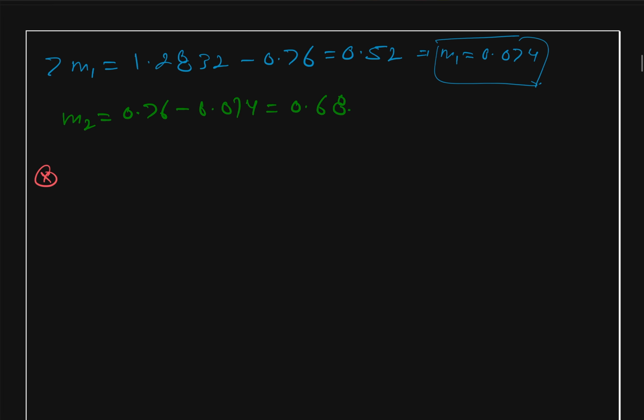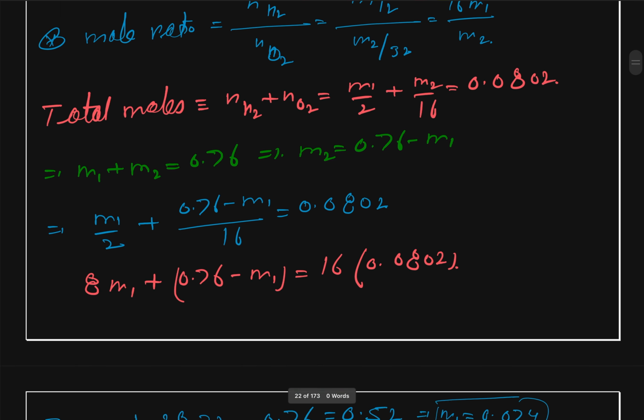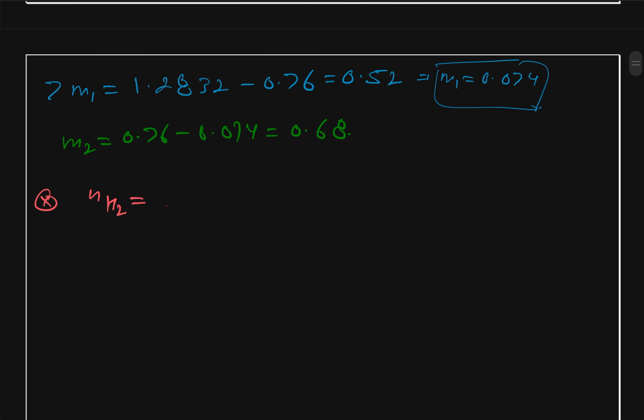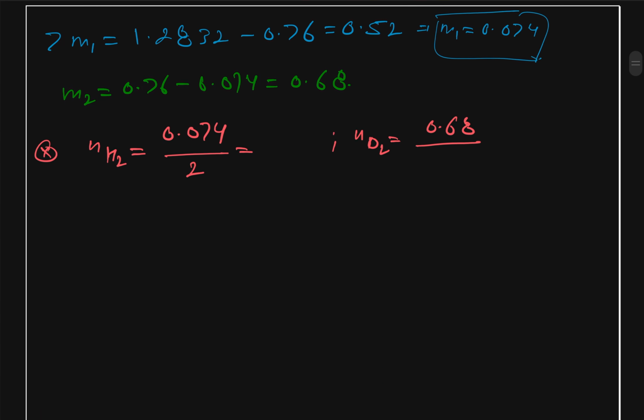So we get our number of moles for our H2, and H2 is our m1 by 2, so m1 is our 0.074 by 2, and number of our oxygen is our 0.068 divided by 16.